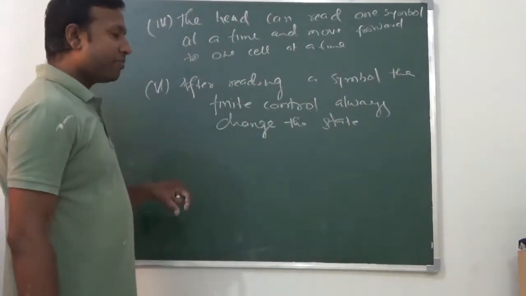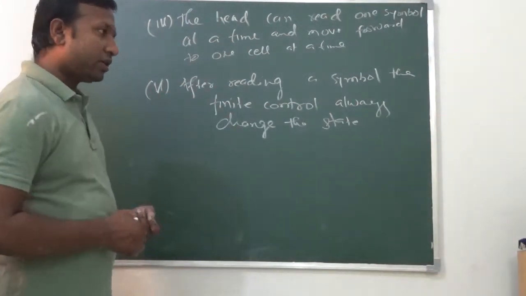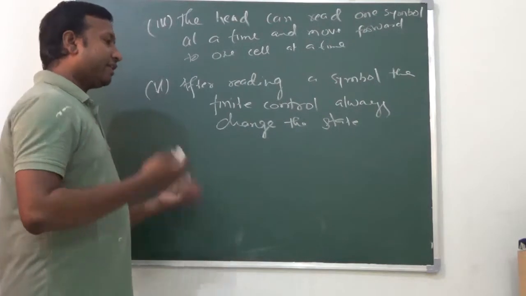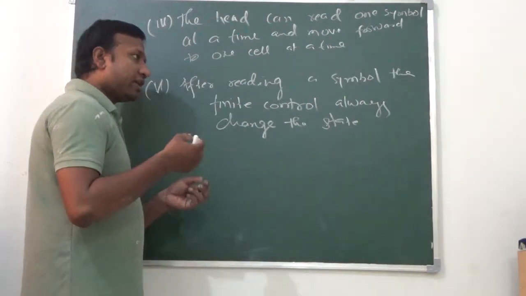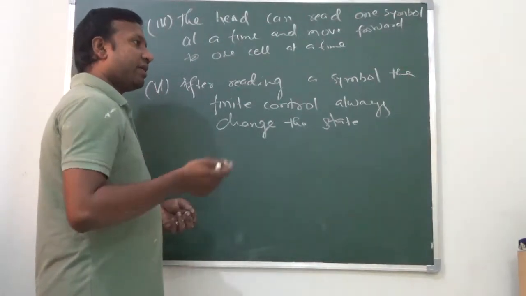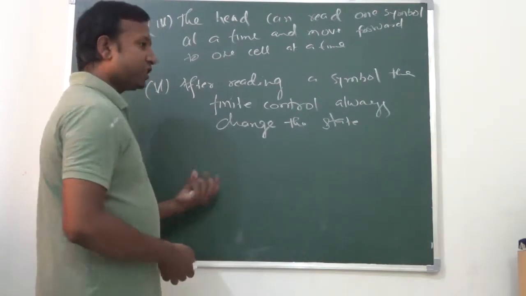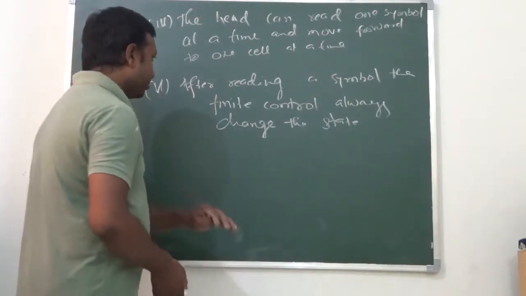So after reading the symbol, the finite control changes the state. Now it is not written here or not mentioned here that always the state will be new. No, it might possible after changing the state may be same. So the transition go in the same state, that is also possible.